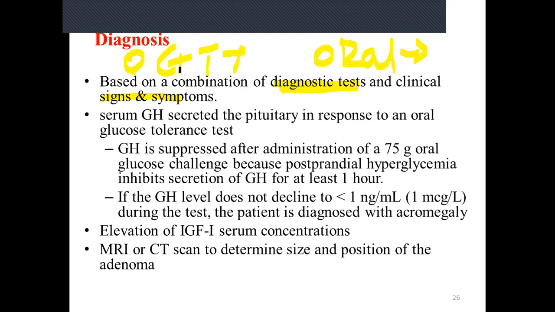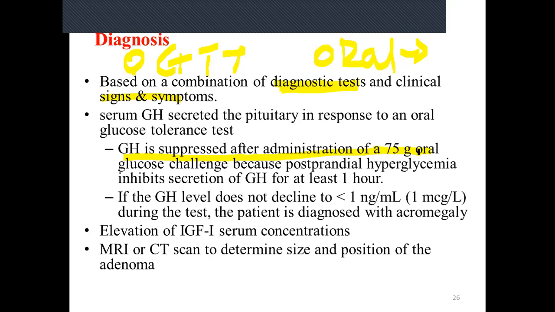We are going to discuss it when we discuss BM. You just give a glucose load, then you see how the glucose is utilized in the serum, like 2 hours after loading glucose. Similar to that, there is an OGTT test for acromegaly. In normal circumstances, growth hormone is suppressed after administration of glucose. So in a normal individual, the growth hormone will be suppressed after administration of glucose.